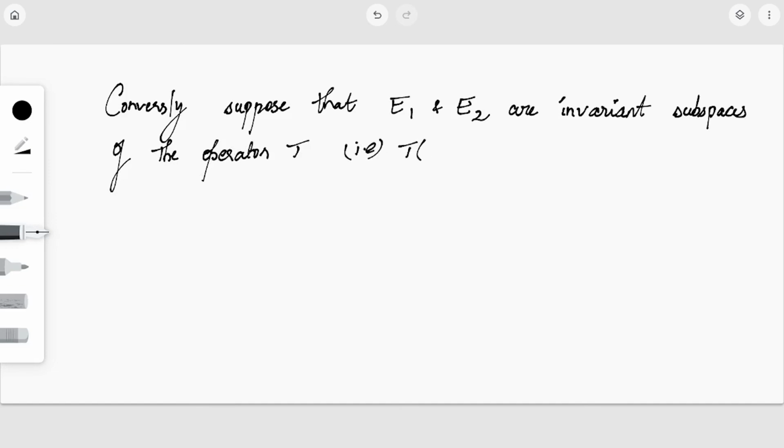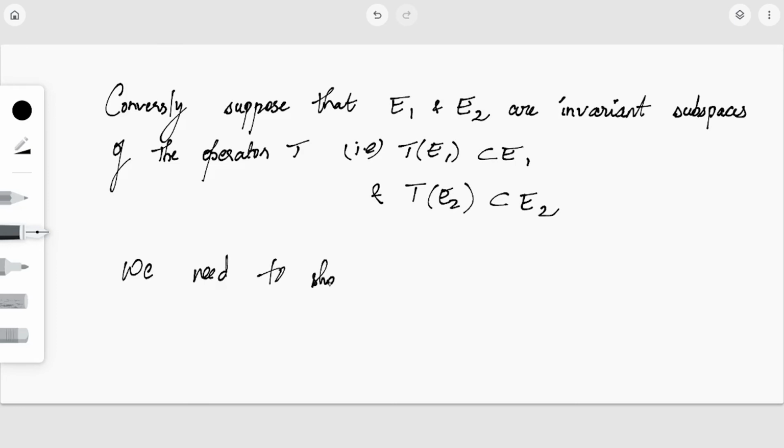T of E1 is contained in E1 and T of E2 is contained in E2, where E1 is image of P and E2 is kernel of P. We need to show that TP equal to PT, that is these operators commute.